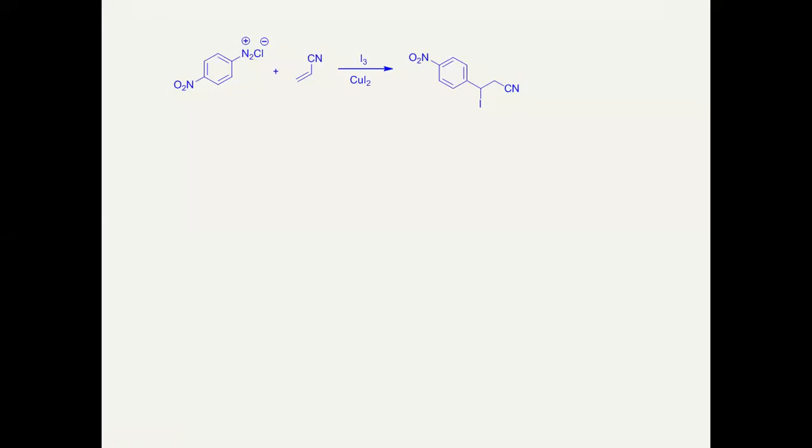If you find such questions, you should be very confident to write the mechanism. See, first of all, write the diazonium structure in the correct bond form, and then you'll find that there is a breakage of bond and generation of radical.